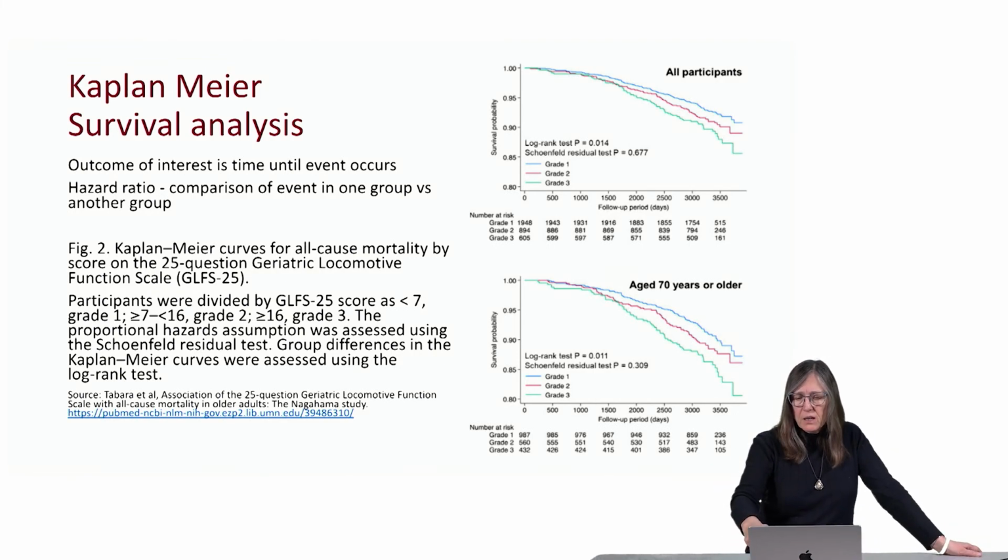The p-value in both cases is significant, even more so for the age 70 and over. So with the greater severity, grade 3, there are fewer people alive at the end of the follow-up period. So this is what a Kaplan-Meier survival curve looks like.